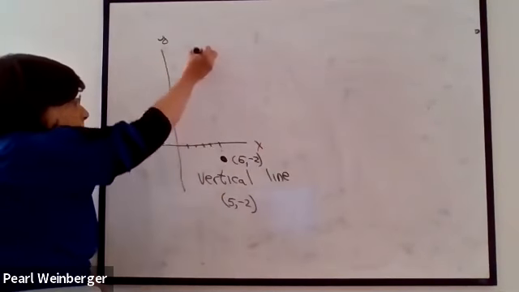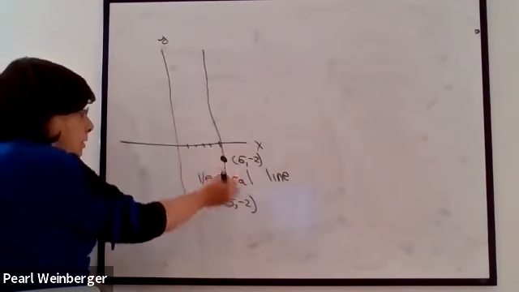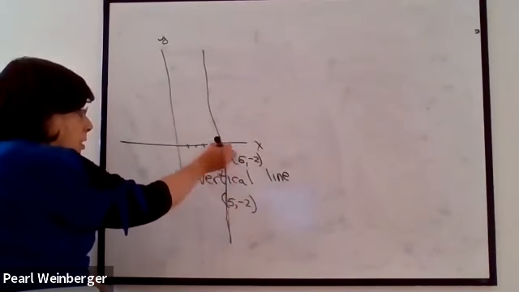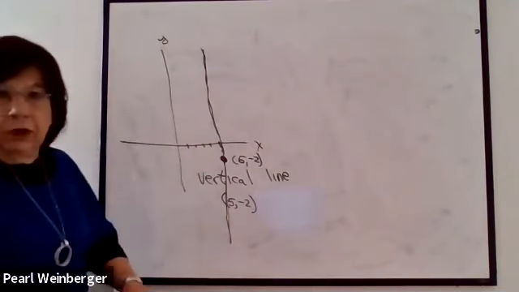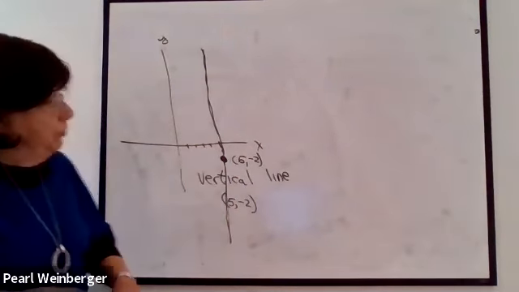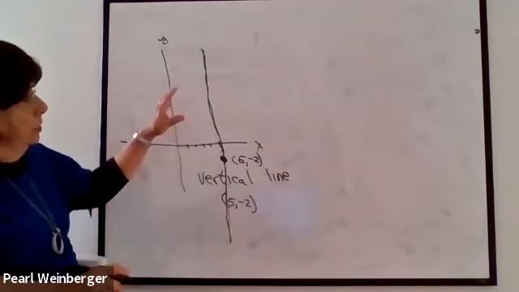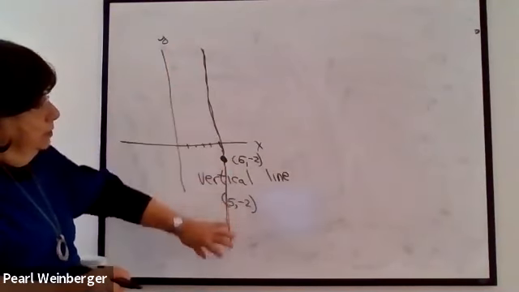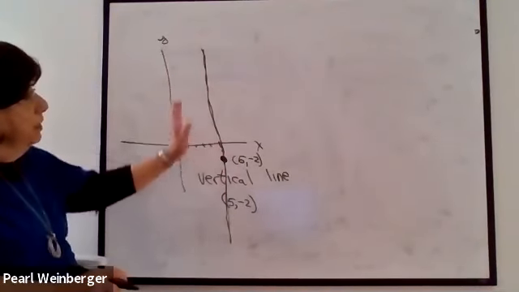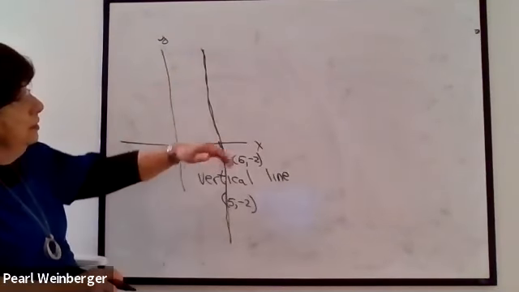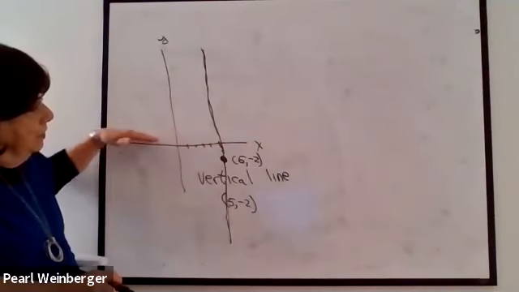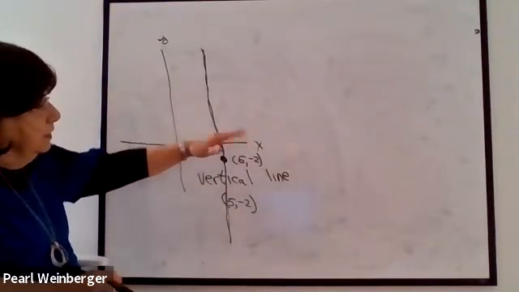A vertical line is a line that goes straight up and down. I know it doesn't look too straight up and down, but that's what it is. Sometimes it's called a vertical line, sometimes it's a line that's parallel to the y-axis, and sometimes it's described as a line that's perpendicular to the x-axis.